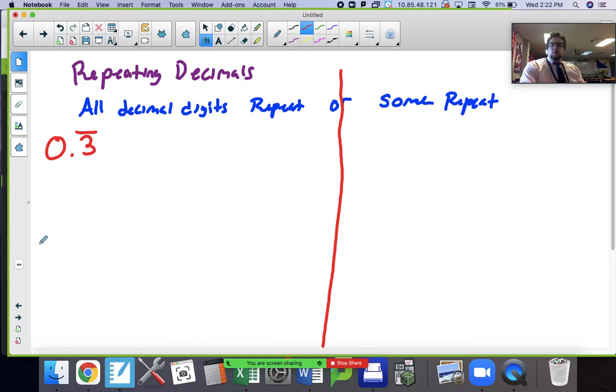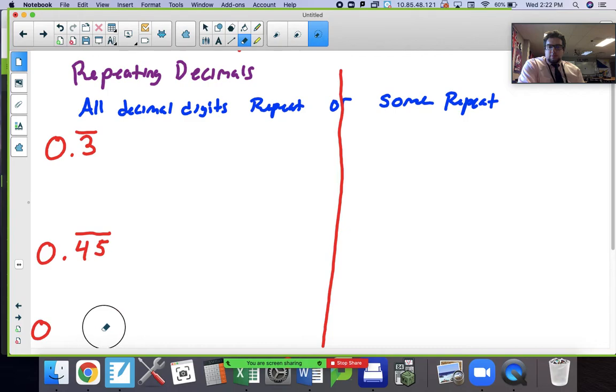This would also be true if we had something like 0.45 repeating, or even if we had 0.124 repeating. I'm going to change this last one because I don't really want to deal with that one for right now. Let's go 3, 2, 7 repeating.